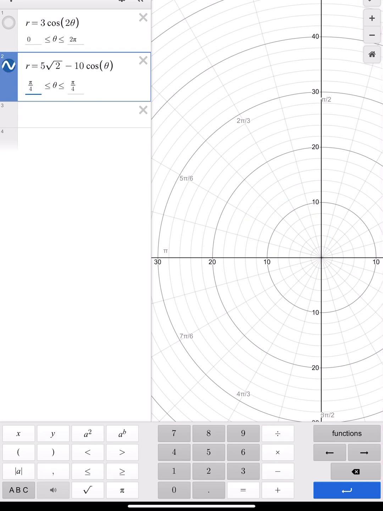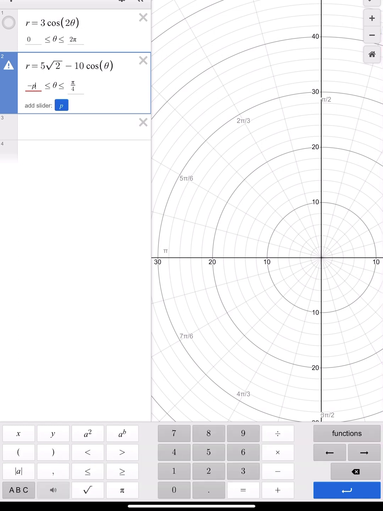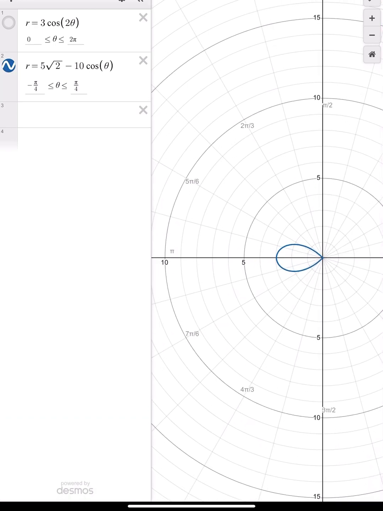Okay, so if I start at 0, I'm only getting half of this loop. The other half of that loop ended up at that 2 pi mark. So if we go backwards just a little bit, and by a little bit I mean the exact amount we went forward, so pi over 4, we are going to see we get just this loop here.